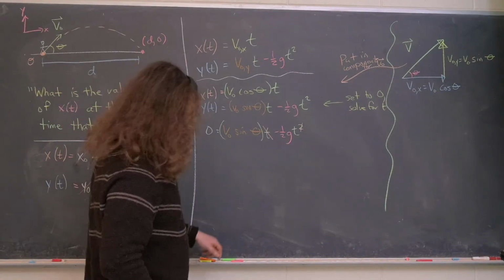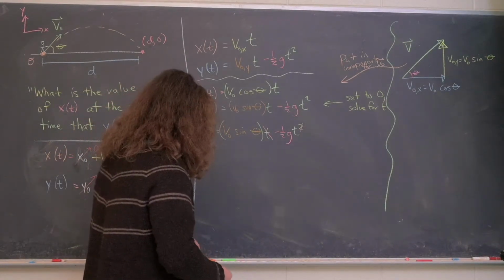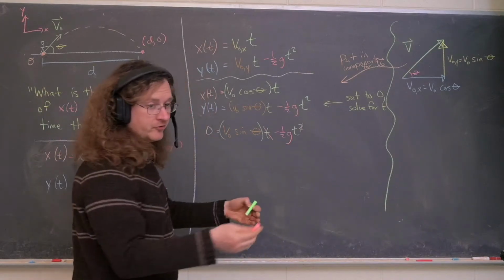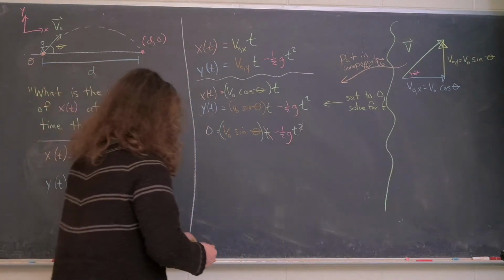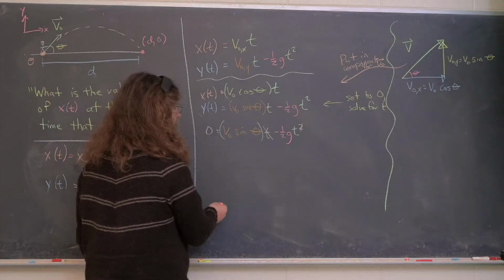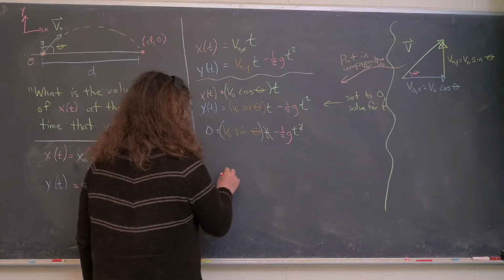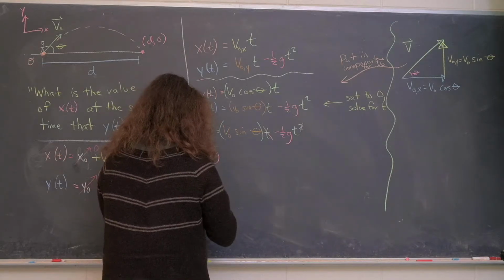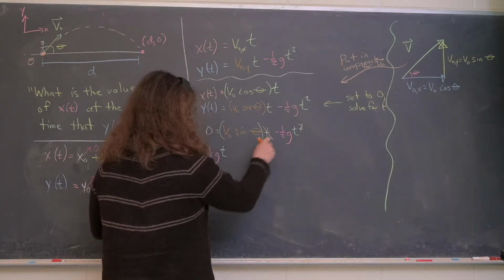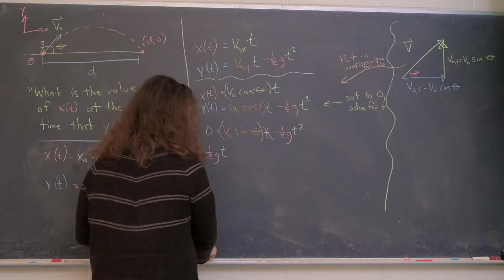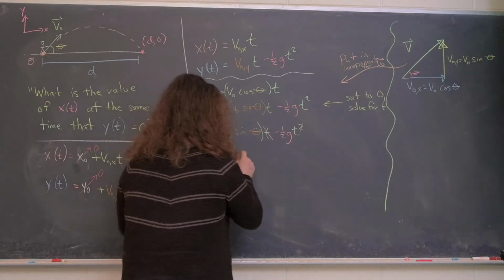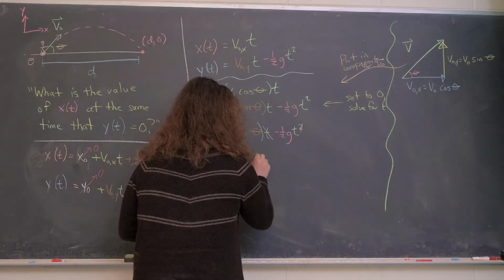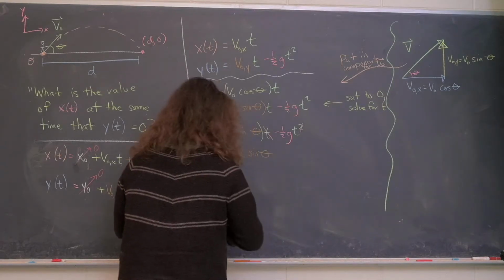And then this gives me, so I will do the algebra in full detail here. It's not bad. I'm just going step by step. So this gives me 1/2 g times t, because I've brought that over to the other side, equals V naught sine theta.